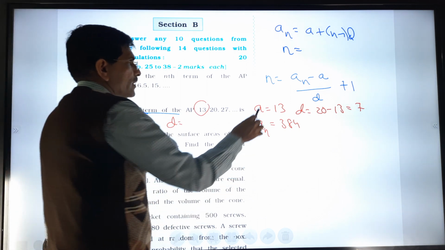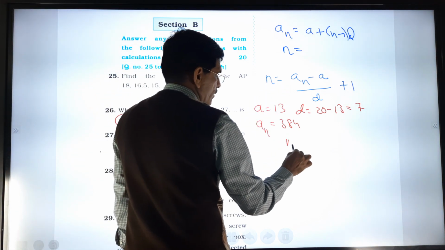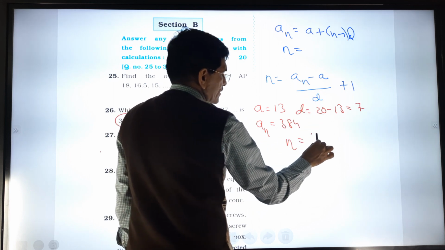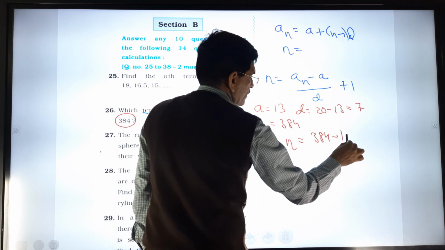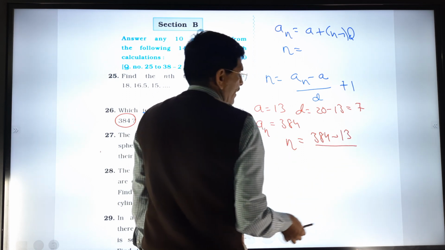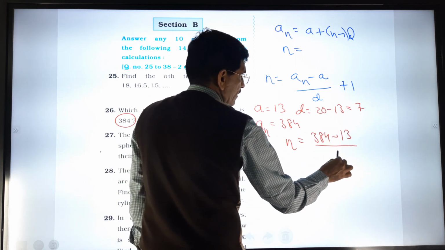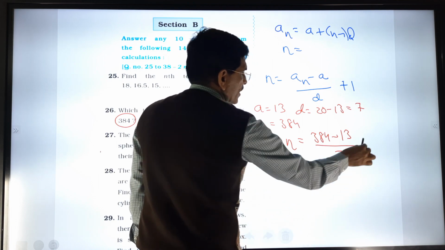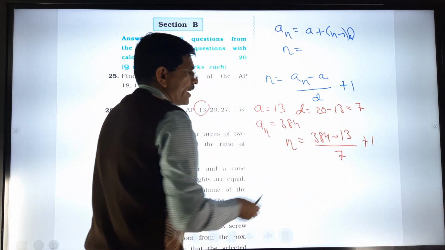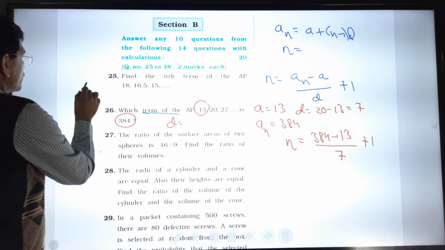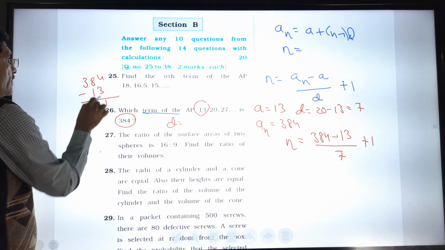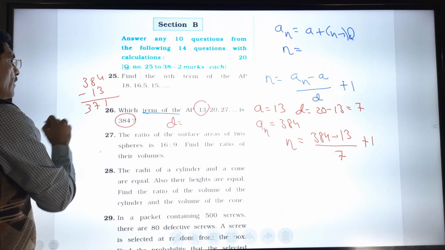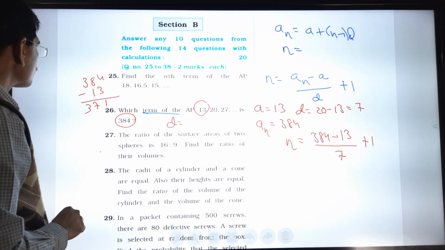So let me put here, n is equal to An, that is 384, minus A, that is 13, divided by d, that is 7, plus 1. Now 384 minus 13, that is 371.